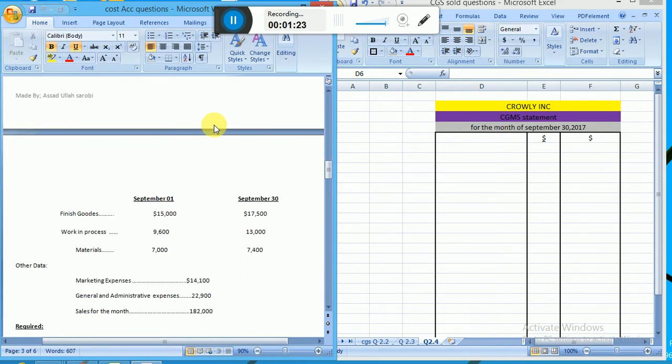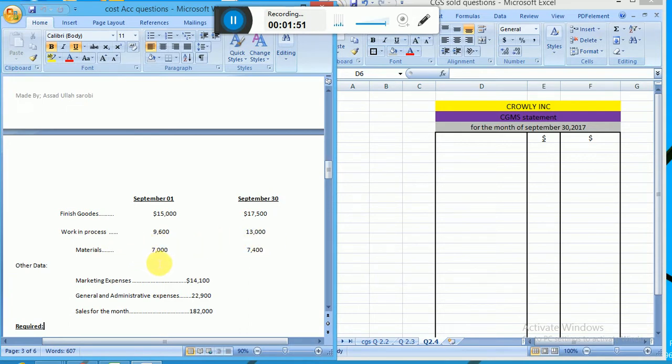On September 1st, finished goods are 15,000, and on September 30th the remaining finished goods are 17,500. On September 1st work in process is 9,600, while on September 30th the work in process is 13,000.